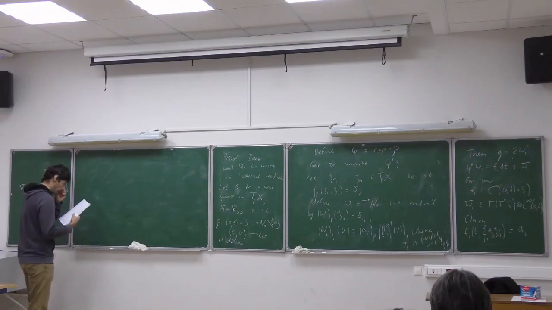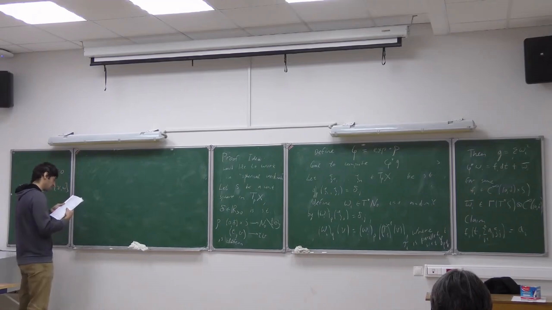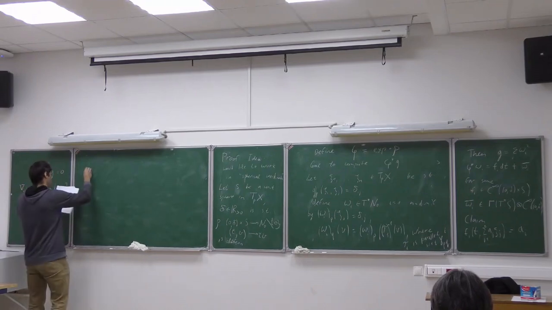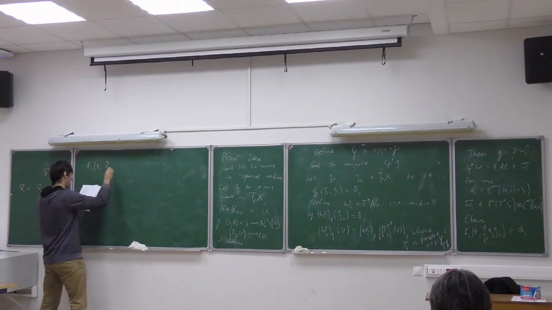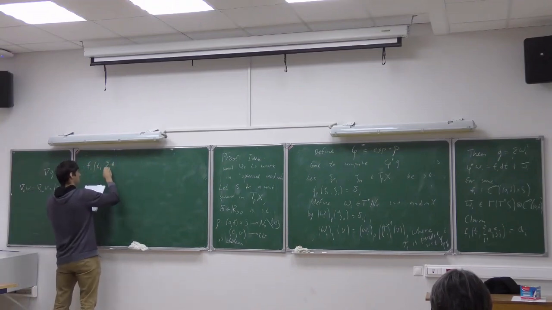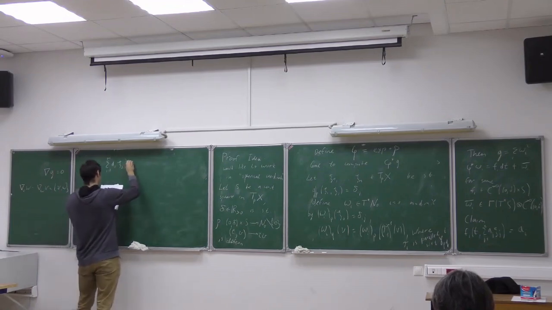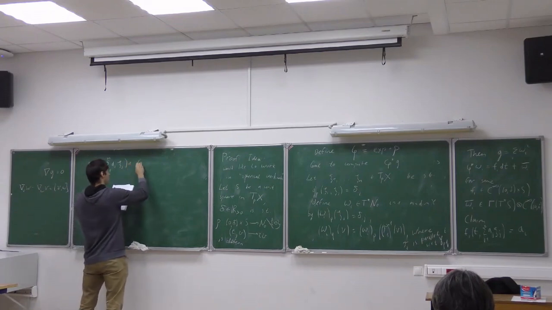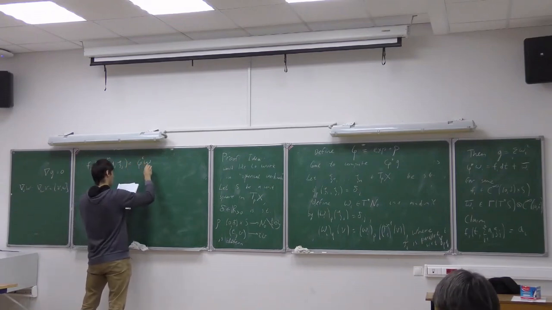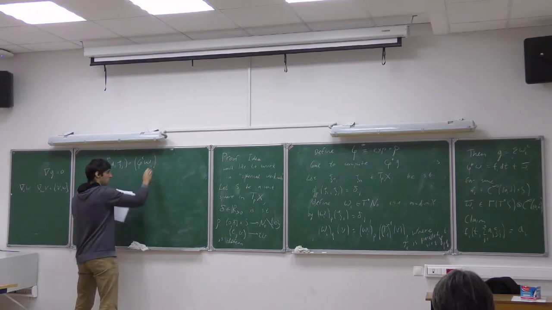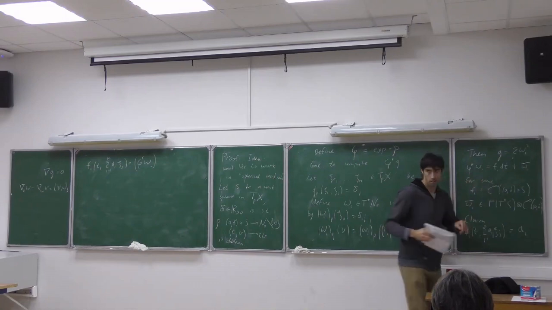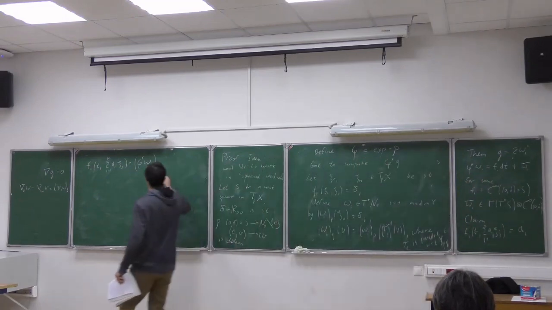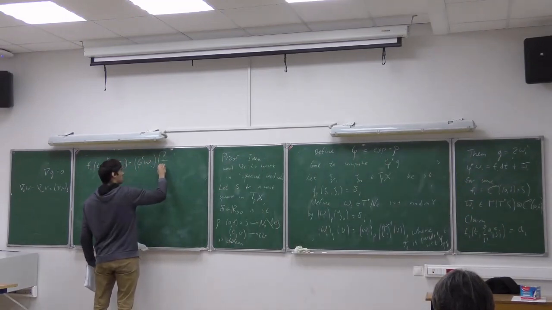Okay, so how do I do this? Well, phi i of t of sum a j xi j is just phi star omega I. So I just need to take this and evaluate it at the vector d over dt.